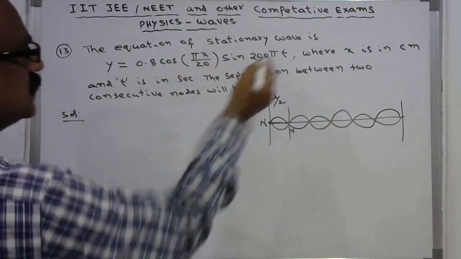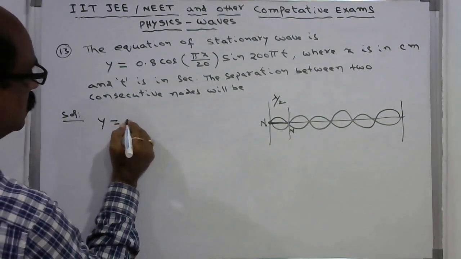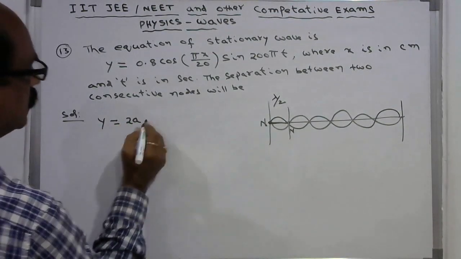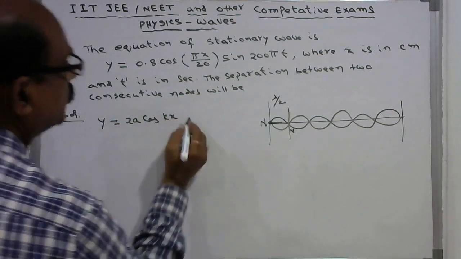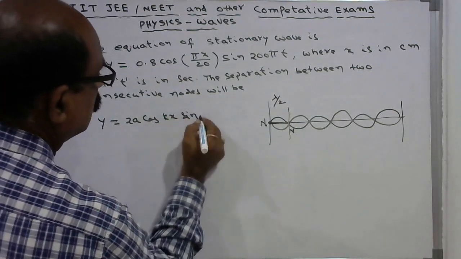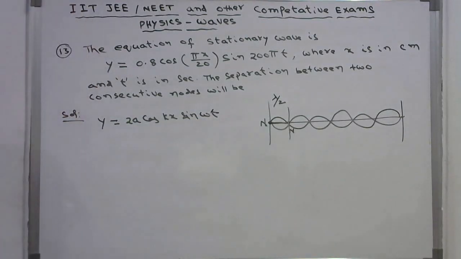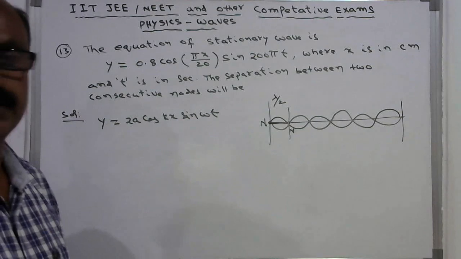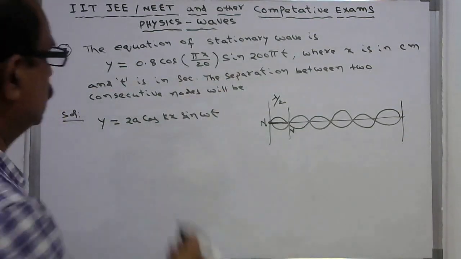Now you compare this equation with the standard equation: y is equal to 2a cos kx sin omega t. This is the stationary wave equation.